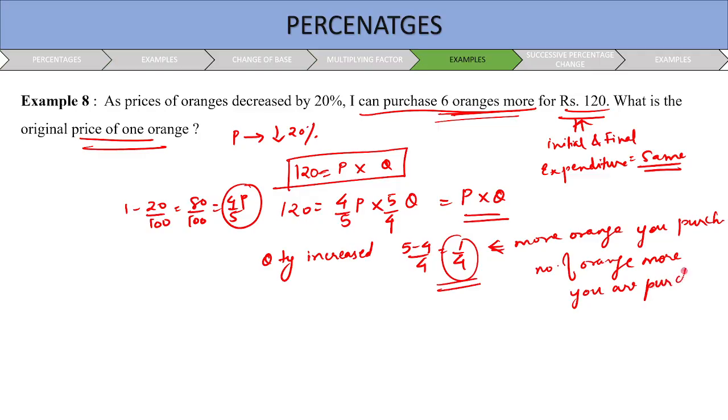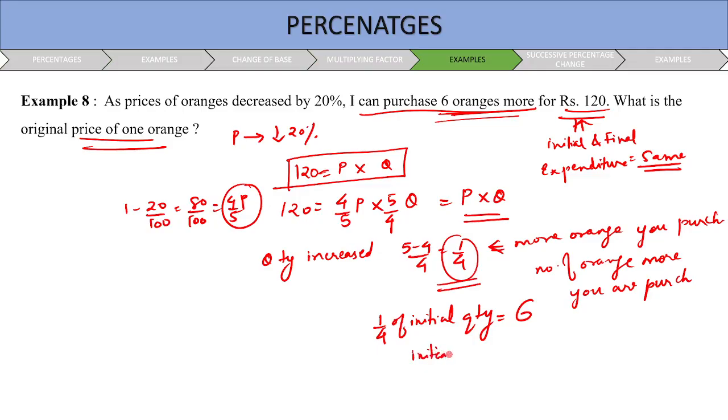Correct? So how many more oranges are you purchasing? 1 by 4 of the initial quantity, as the quantity is increasing by 1 by 4 of the initial quantity. And how many more oranges are you purchasing? You are purchasing 6 oranges.